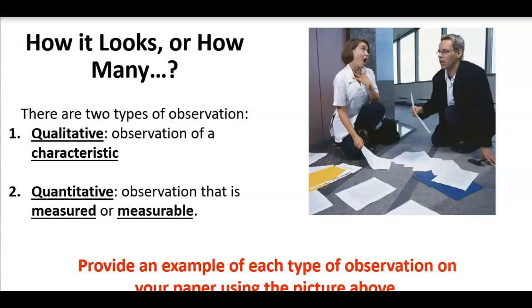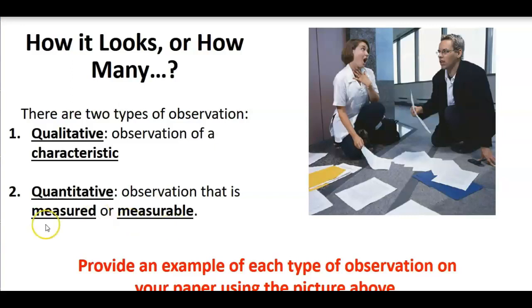A quantitative observation would be there are 2 folders on the floor. We have a blue one, which would be a qualitative observation, and a yellow one, qualitative characteristic. Our windows in the background are 5 windows. Again, 5 is a number, so that would be classified as a quantitative observation.